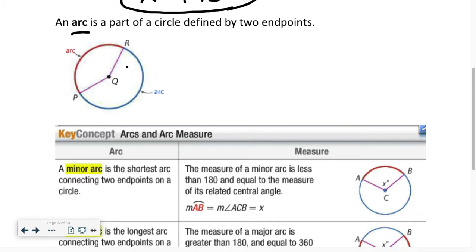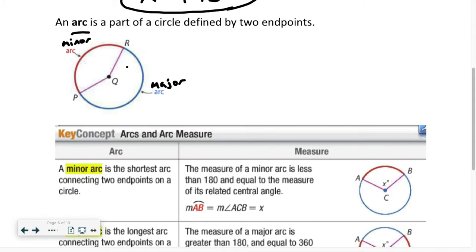So this here would be our major, and the red one we said that was our minor arc, right? And so the measure of a minor arc is less than 180 and equal to the measure of its related central angle.